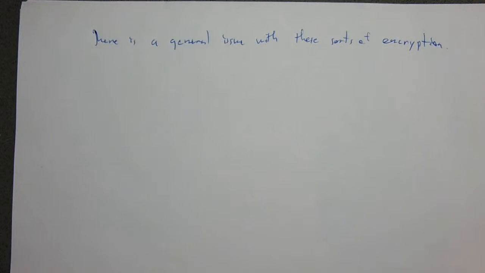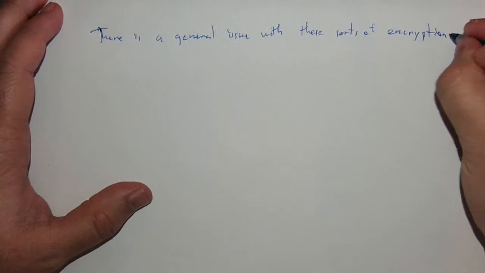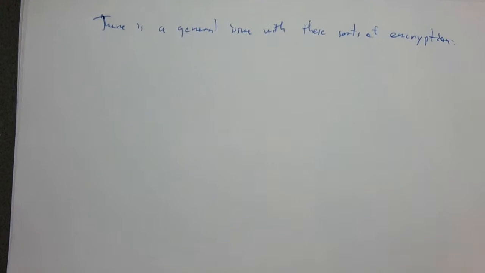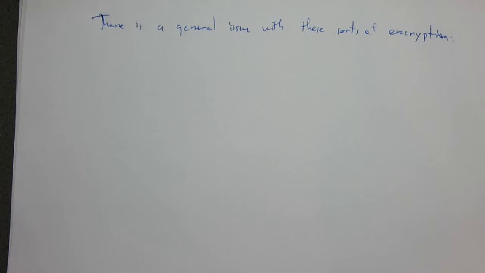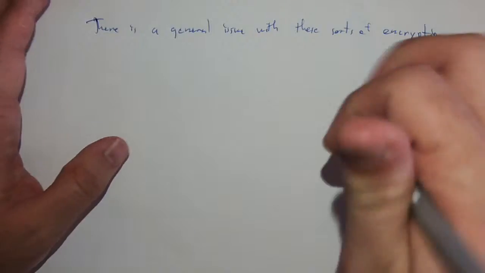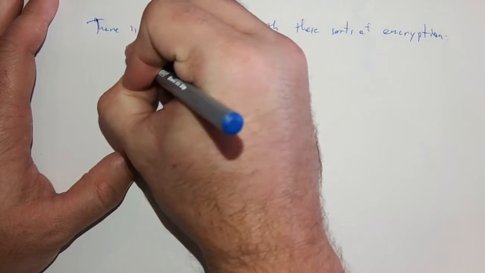One thing I should mention, a more general problem than this: it's not a problem to break the couple of encryption methods we've talked about, but there's a method that defeats them and defeats some other sorts of encryption, sort of like a meta method of dealing with this. This is called frequency analysis.